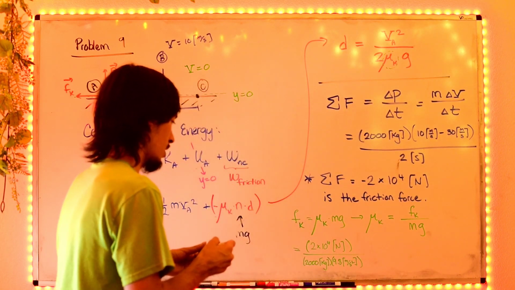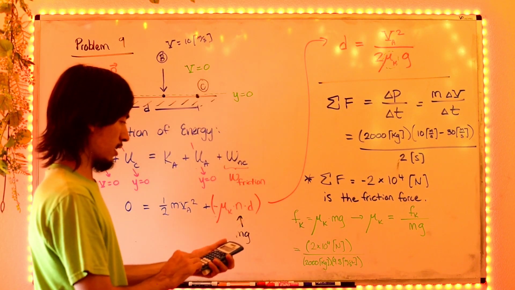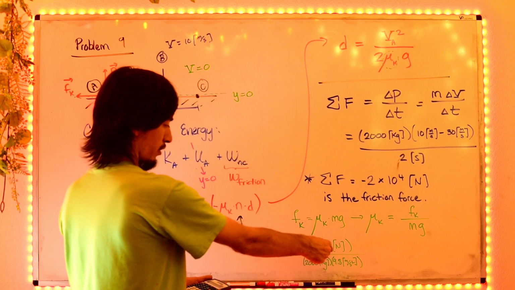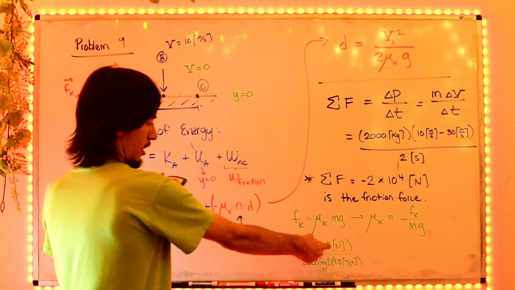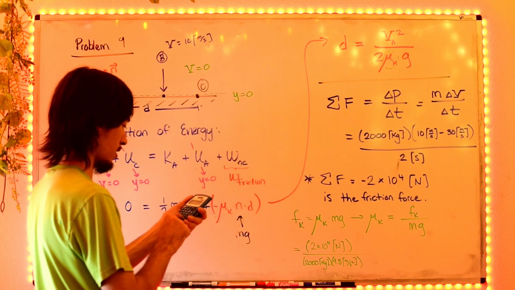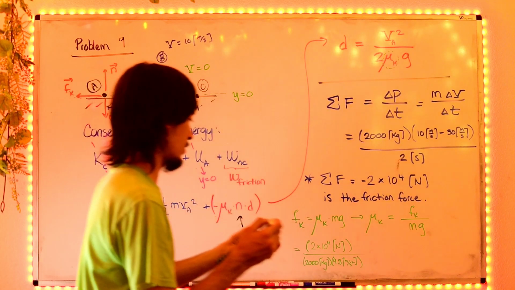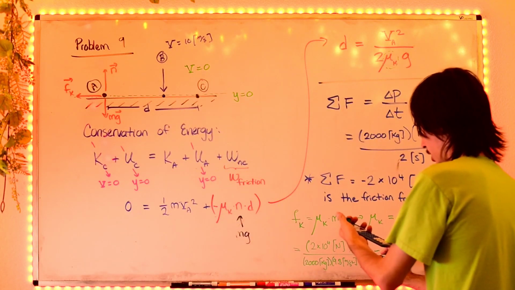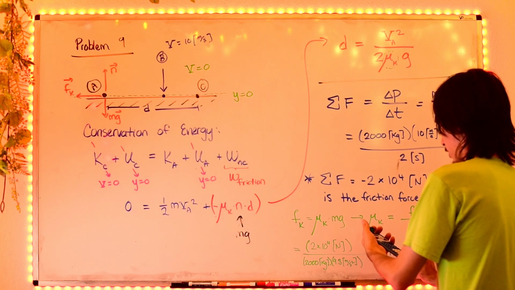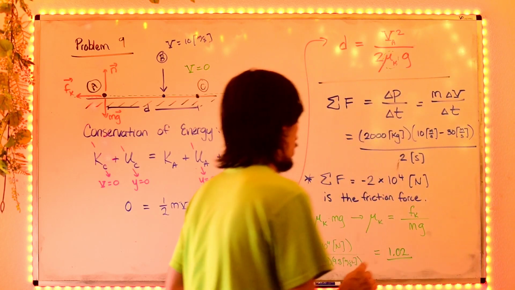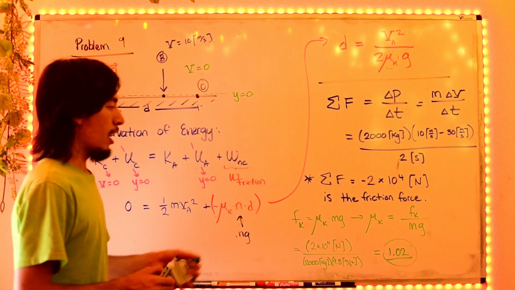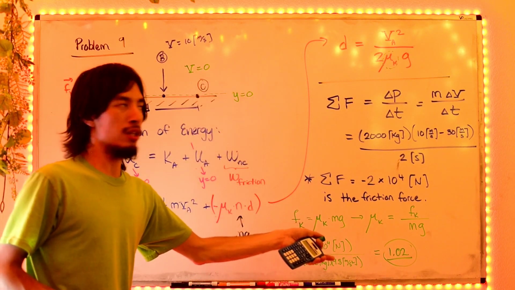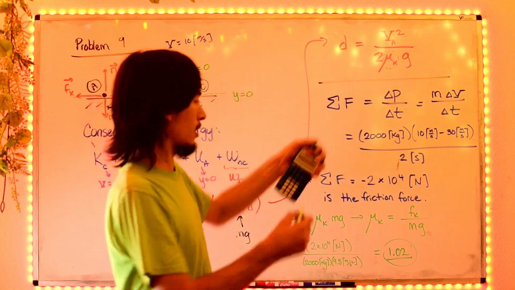Okay. So in plugging this in, 2 times 10 to the 4th divided by 2 times 10 to the 3rd should give you 10. 10 over 9.8 would give you, in this case, it's a little bit large of a value, but it's not terrible. It's 1.02 for your coefficient. You can then use that coefficient to put it back into here.